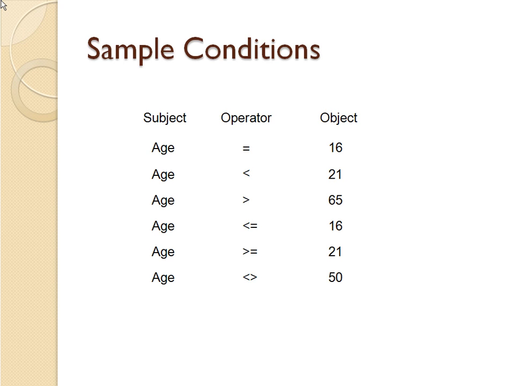Age not equal to 50. What if age contains 49? Well, that would be true because you could say 49 is less than or greater than 50. What about if it contains 50? The condition would be false, because if you would say 50 less than or equal to 50, 50 less than or greater than 50?